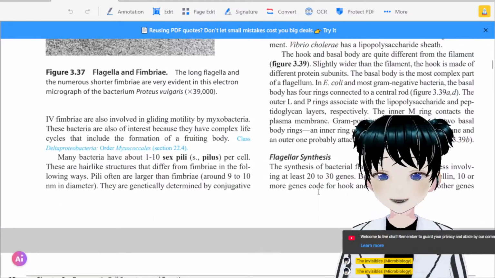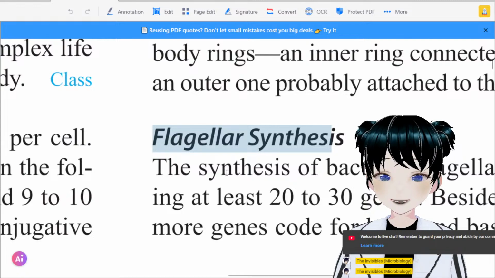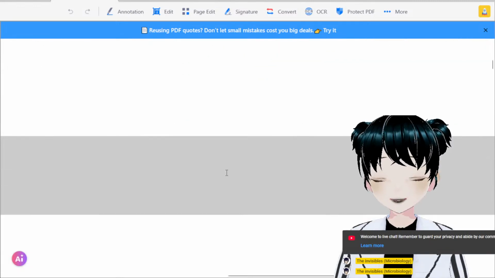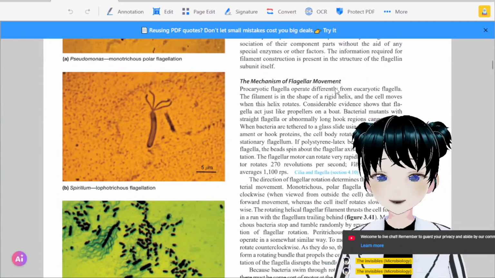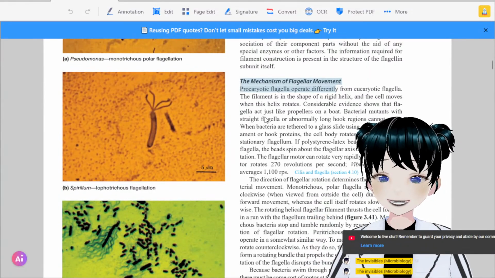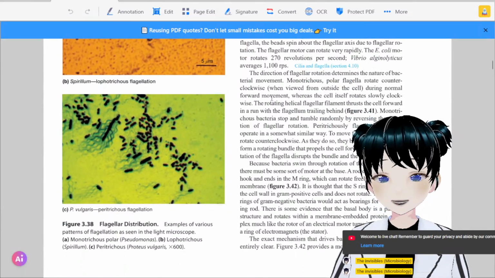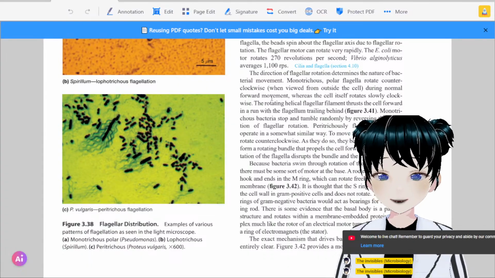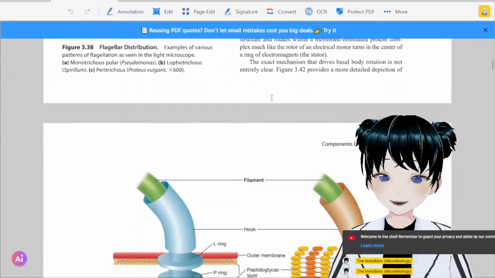Then we are going to study how the flagella are synthesized, and how they actually produce movement. You are going to be surprised at how much it acts as a literal propeller, just think of the propellers on boats.